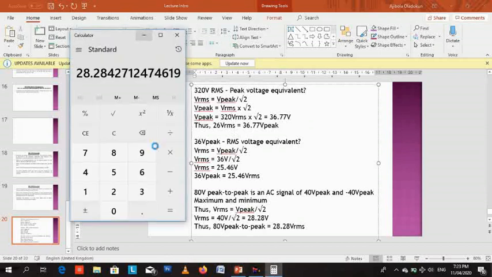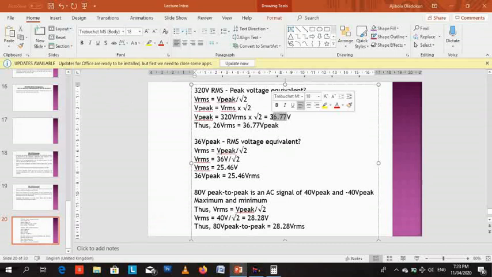So 320 volts multiplied by root 2 is equal to 452.55. So 452.55 volts is the V peak. So thus 320 volts RMS is the same thing as 452.55 volts V peak. So they're equivalent basically.